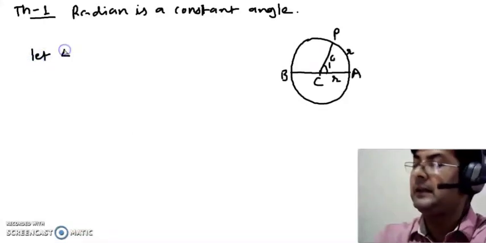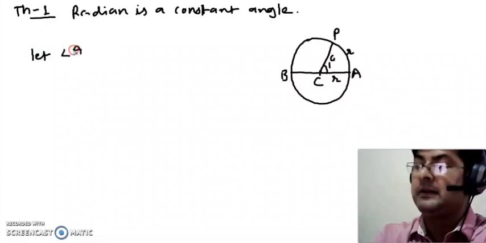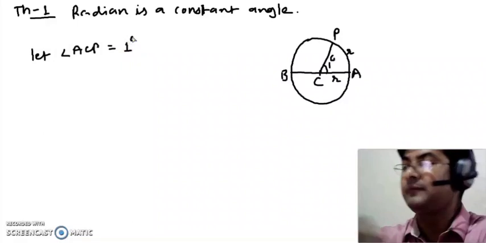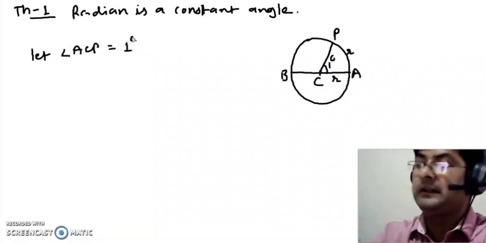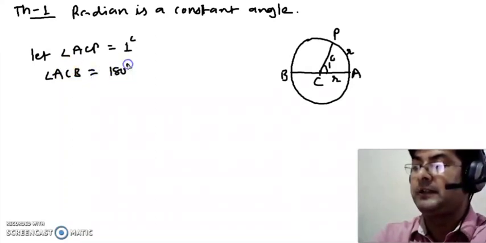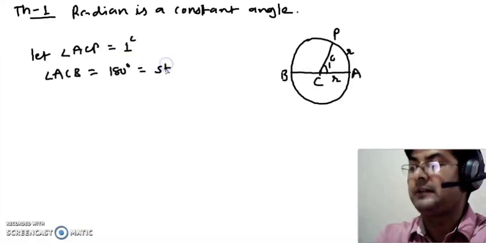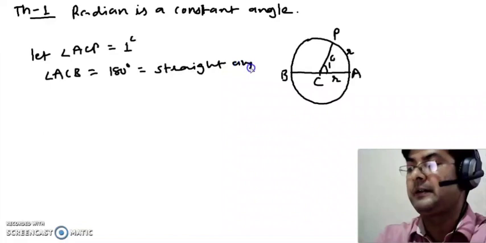Let angle ACP be equal to 1 radian. And angle ACB we know is equal to 180 degrees. Yes or no? This is a straight angle.